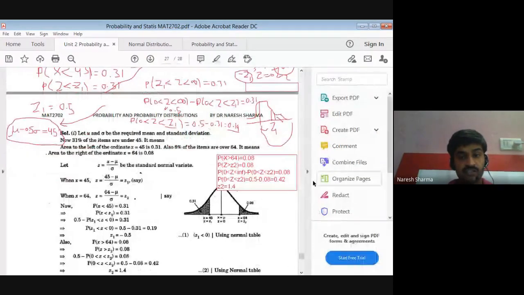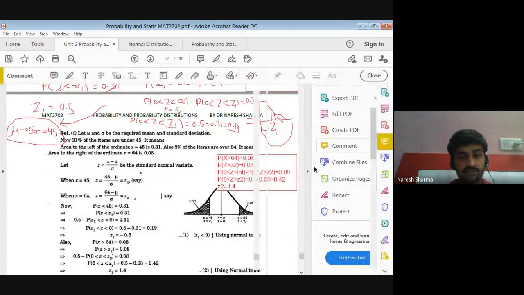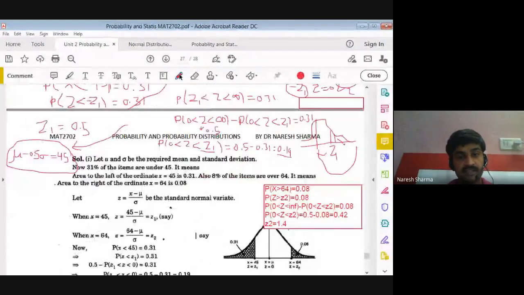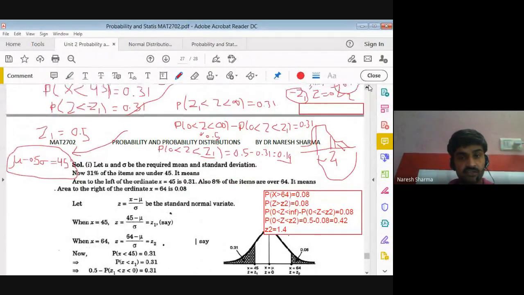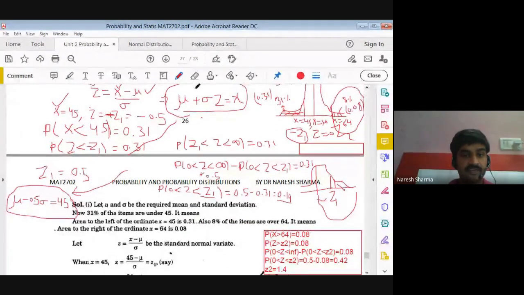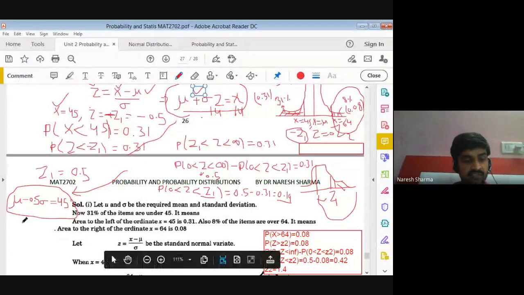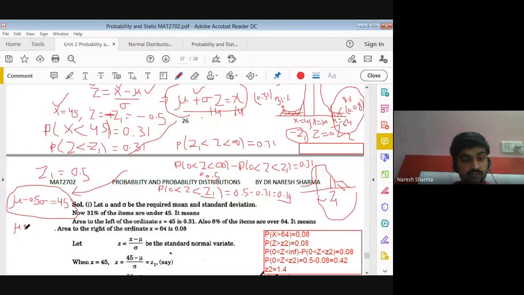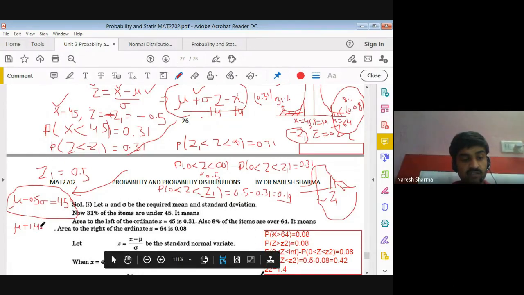The equation is here, this one. So here x is 64 and z is 1.4, right? If you write this, we get mu plus 1.4 sigma is equal to 64.